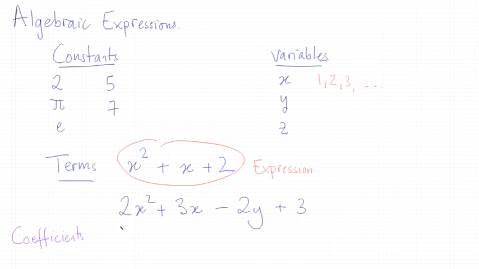And that is the number in front of a variable. So the x squared coefficient is 2, the x coefficient is 3, and the y coefficient is minus 2. Don't forget to take in the sign.